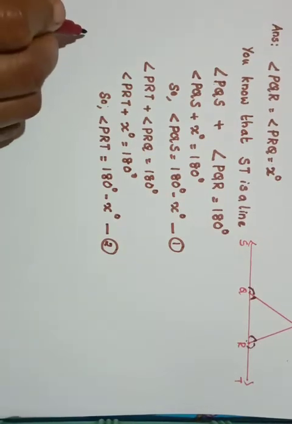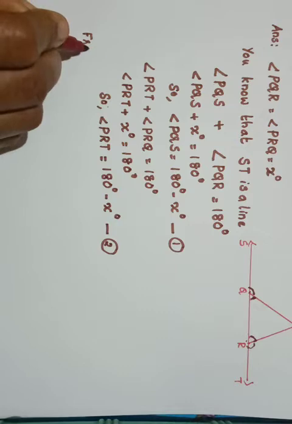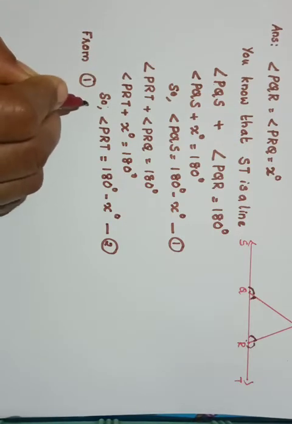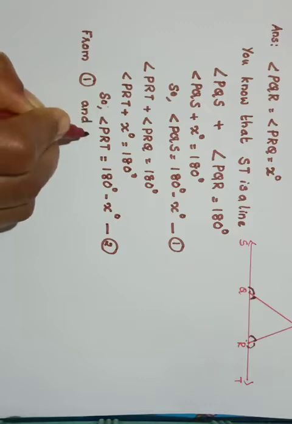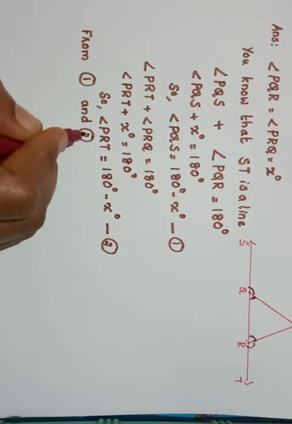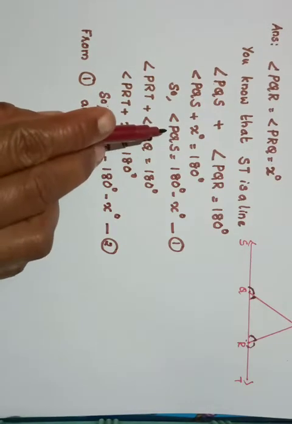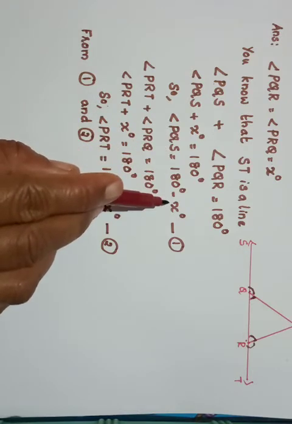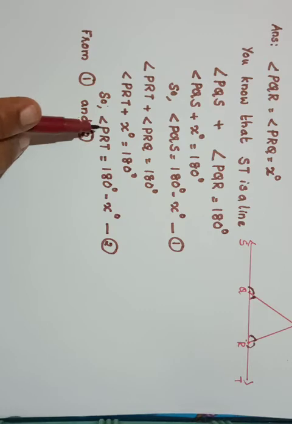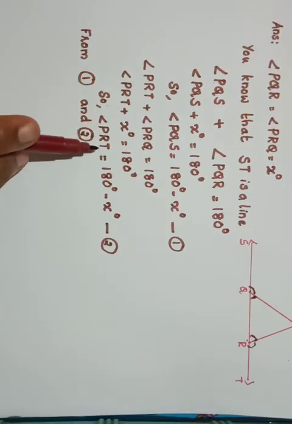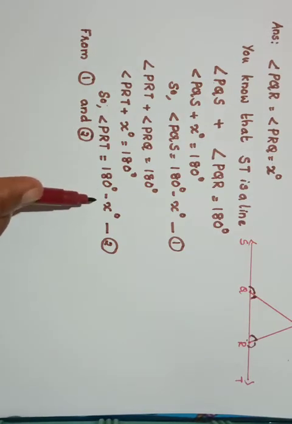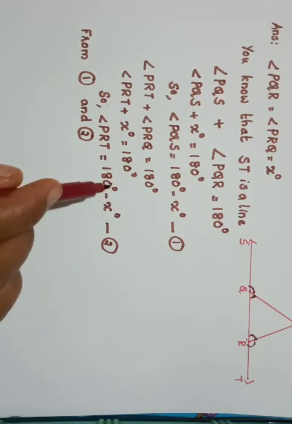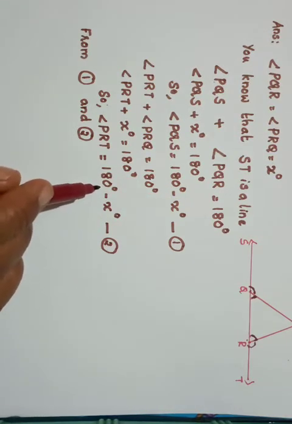Now from equation 1 and equation number 2, what do you get? In equation number 1, angle PQS equals 180 degree minus x degree, and in equation number 2, PRT is equal to 180 minus x degree. So whether the RHS of equation 1 and 2 are the same?